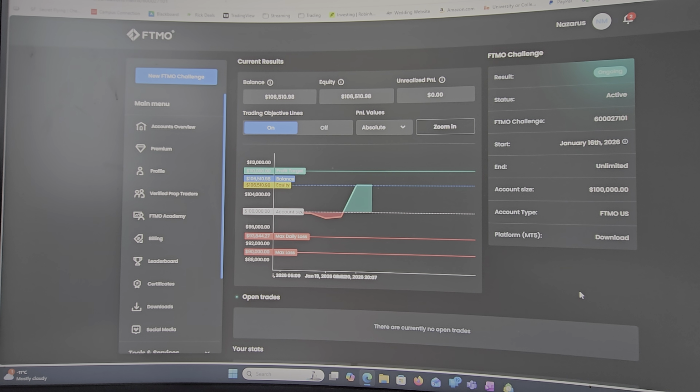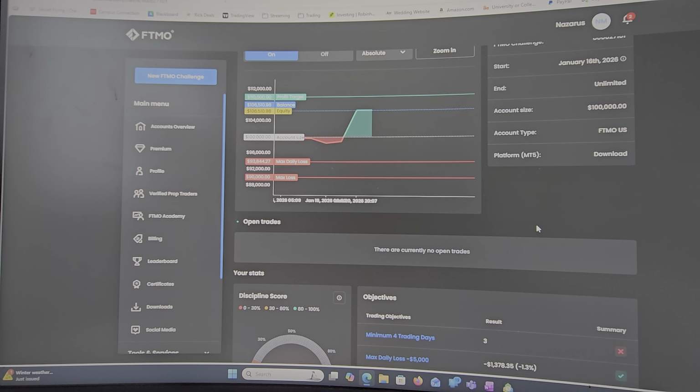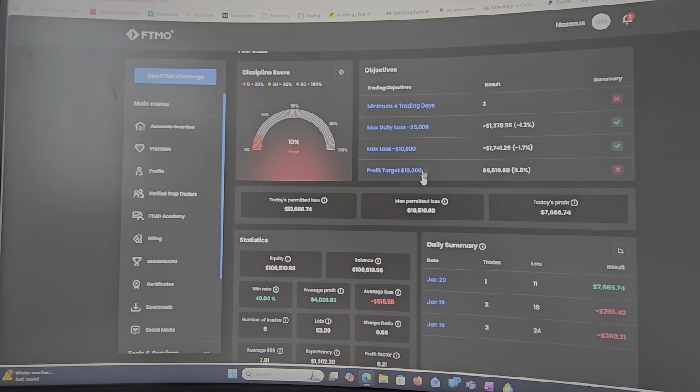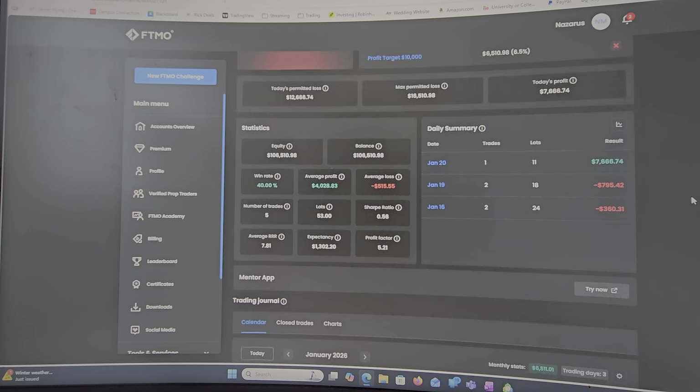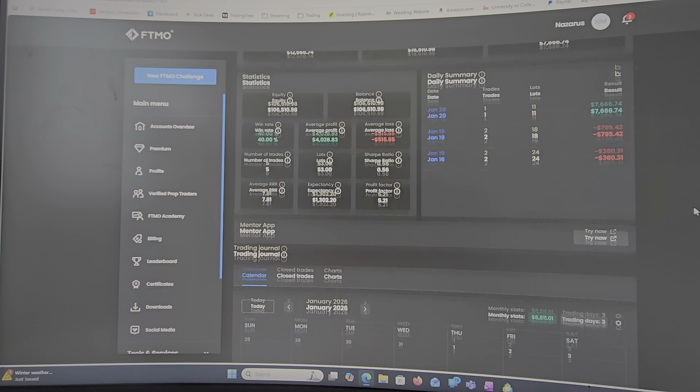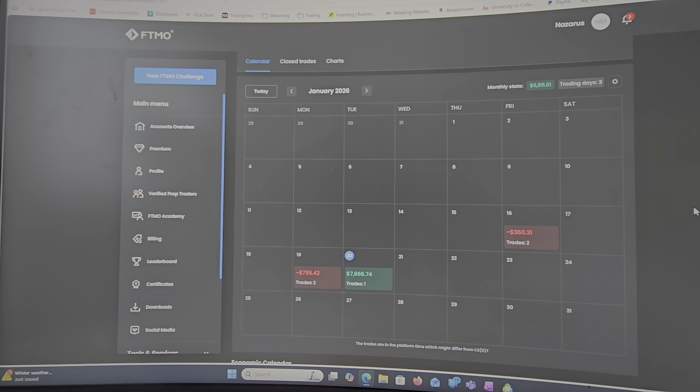We need $3,500 more to pass the first step, and then maybe move on to the next. Trading objective, minimum trading days, average profit and loss. All of these are not important right now, but this is what I'm interested in.